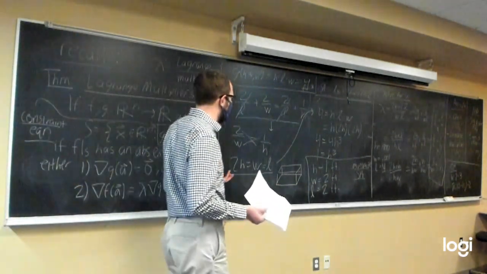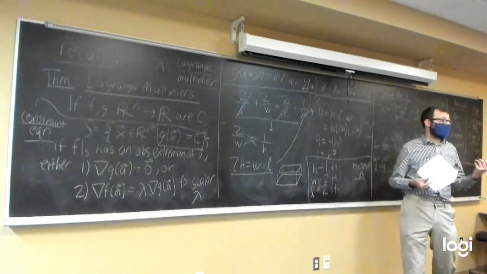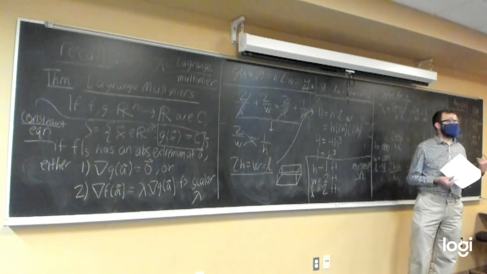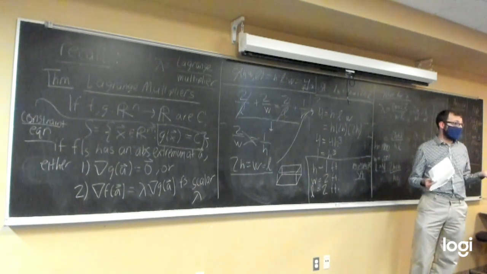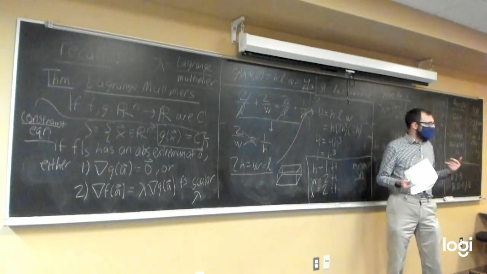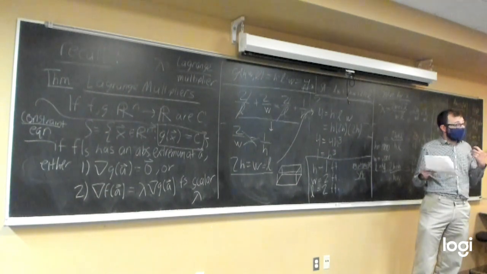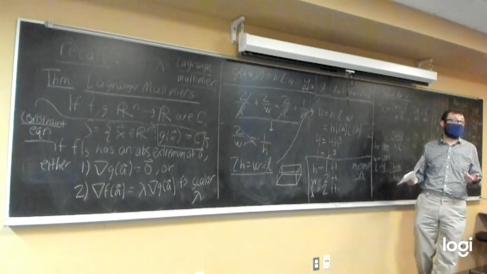But in the real world, this is the sort of process you would actually go through to answer this sort of question. If you were working for UPS and you wanted to minimize box surface area, the cost of producing the box, while keeping the volume constant, this is the sort of procedure you would have to go through.